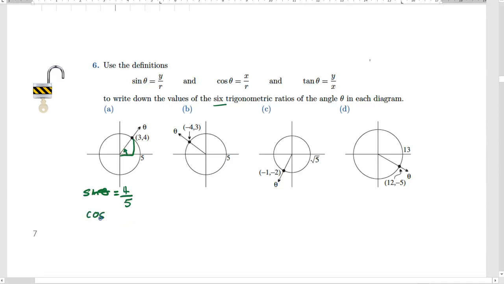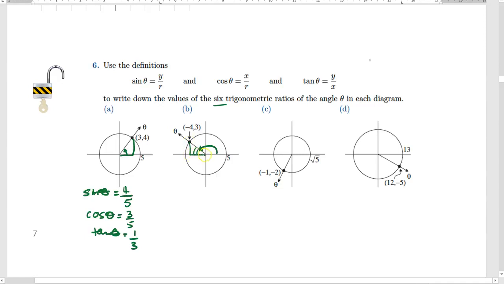So sine theta is 4 over 5, cos theta is 3 over 5, and tan theta is y over x, so 4 over 3.